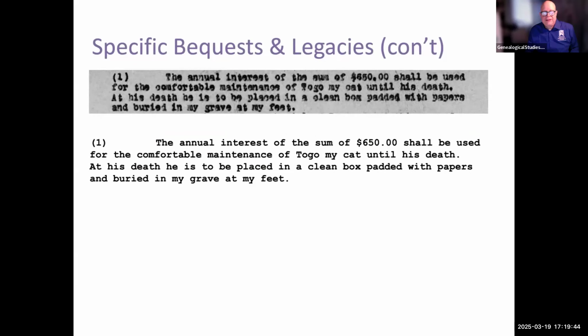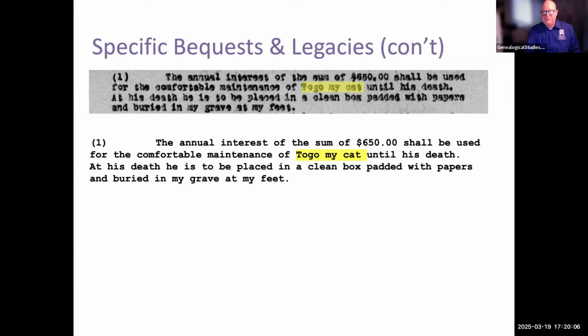Now, Annalene Patterson leaves her first bequest. It's a sum of money, $650. And she's saying, take that money and put it somewhere where it generates interest to care for Togo, my cat.